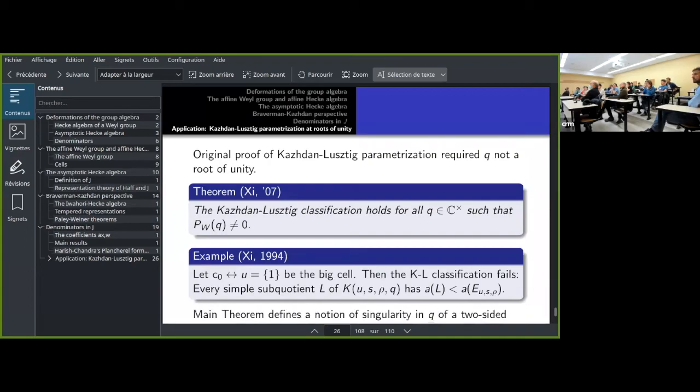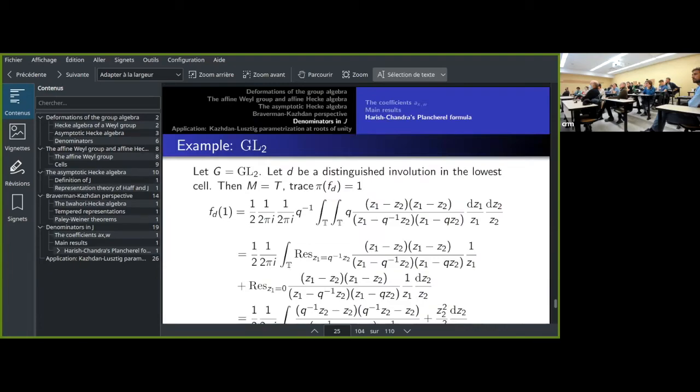The main result shows that the denominators you get in such an expression depend actually only on the two-sided cell. For whatever one of these Schwartz functions associated to a basis element of J you get, when you put it into the Plancherel formula, it only feels one Levi depending on the two-sided cell.